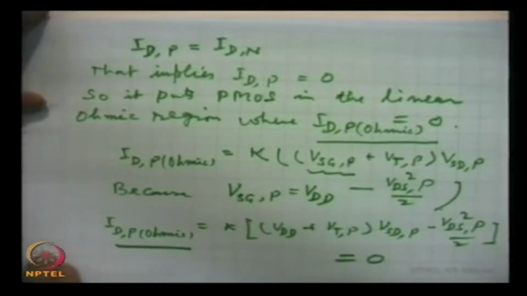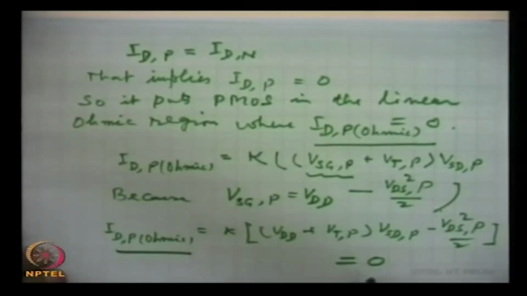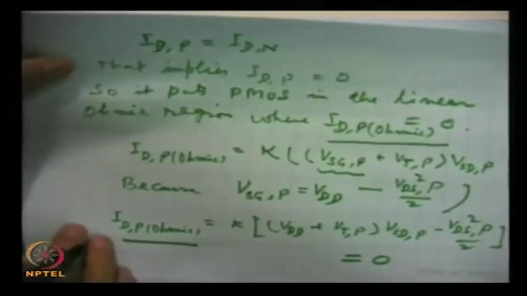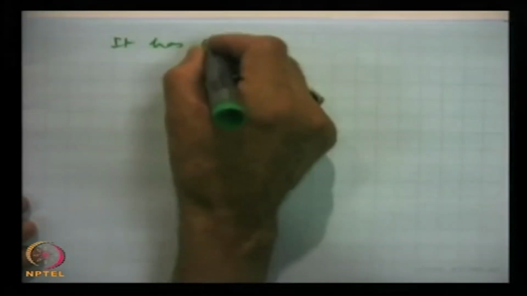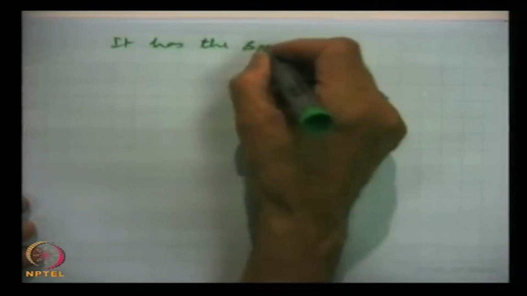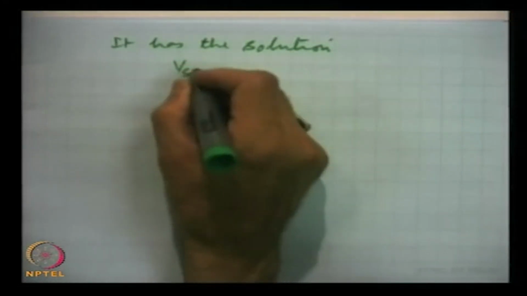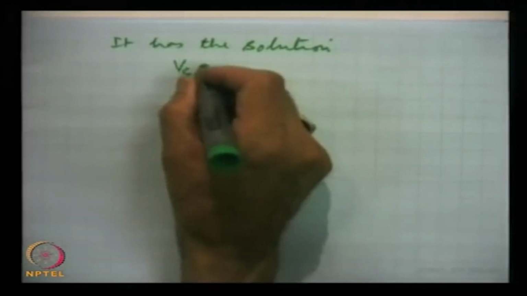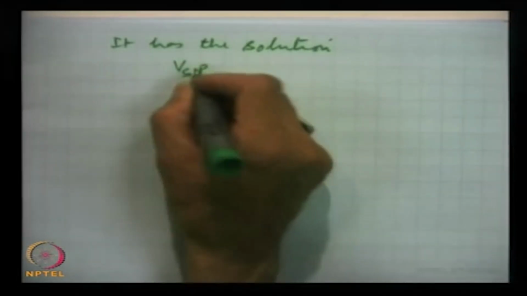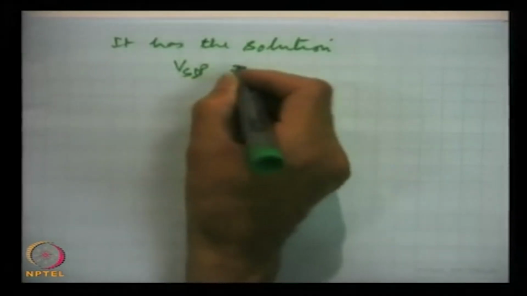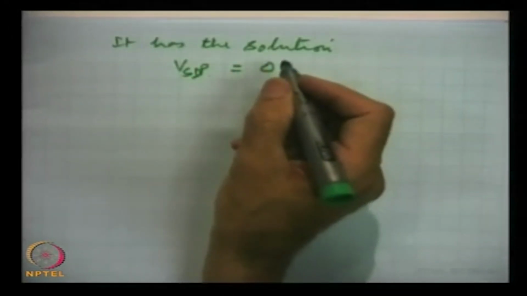Then the solution of this equation with this 0, k is not 0 and other parameters are not 0, this will imply that it has the solution VSDP is 0.